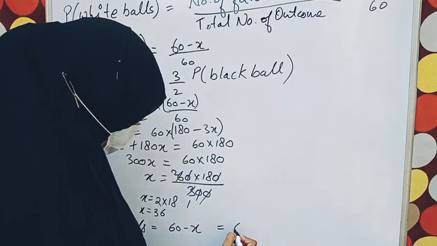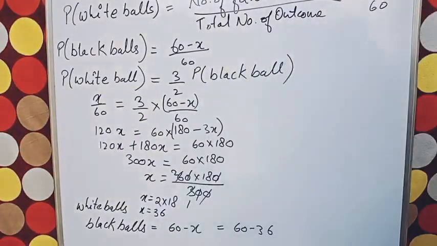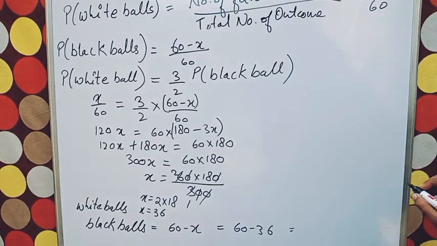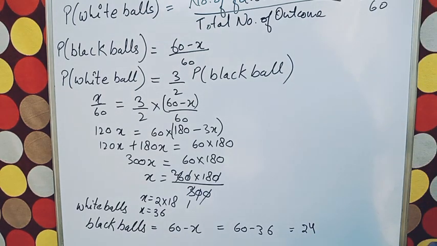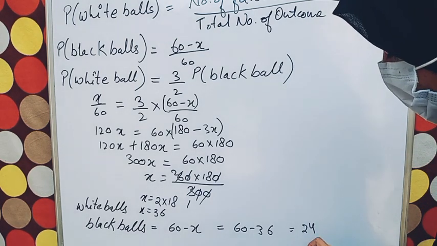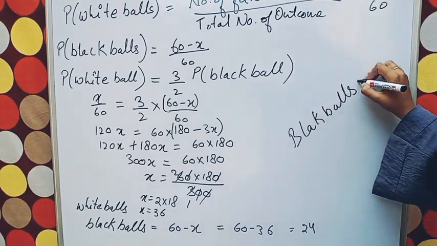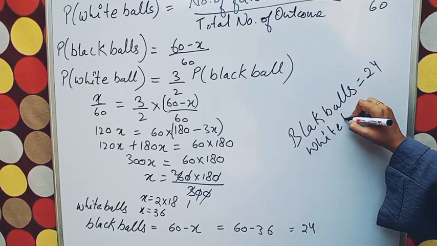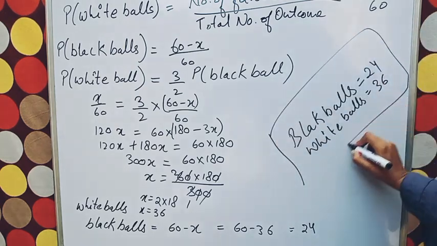That will be 60 minus 36, which will give 24. This is the value of black balls. So black balls are 24, and white balls are how many? 36. Here we got the values.